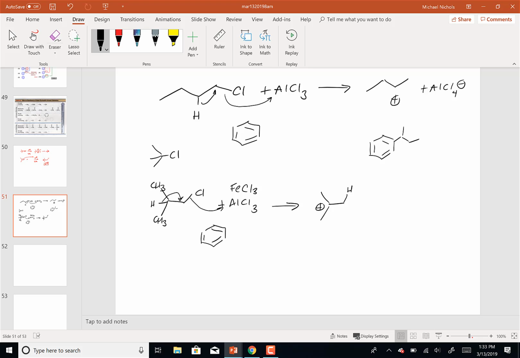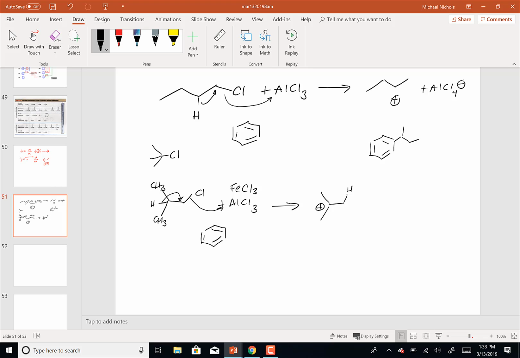This is the first real example I saw that this stuff in the book happens. Because if you do this, you'll end up with tertiary butyl benzene. And we GC'd the product, and sure enough, that's what we got. So that is kind of an extreme example, but that's what happens.